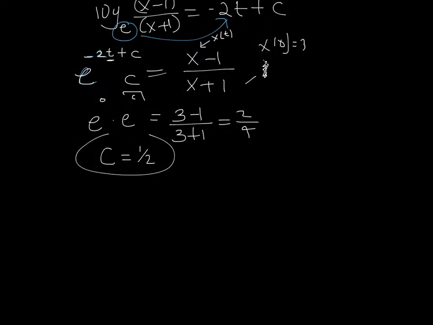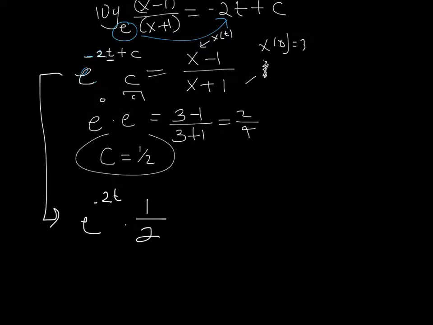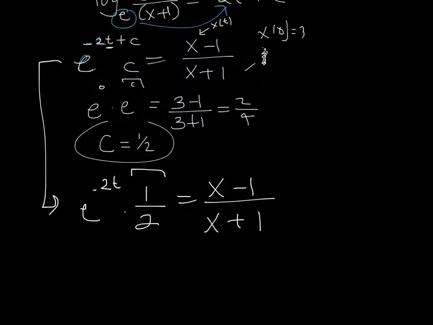So let's plug this guy back in here. And I'm going to separate these guys. So we have e to the negative 2t times e to the c, but we just found our c. Our c is a half. So that's our c equals x minus 1 over x plus 1.